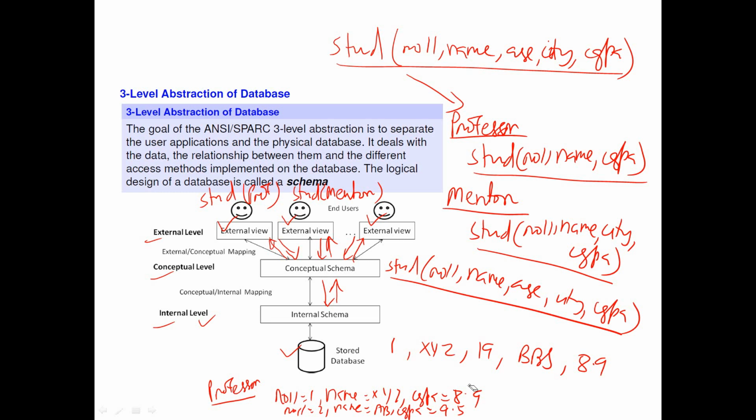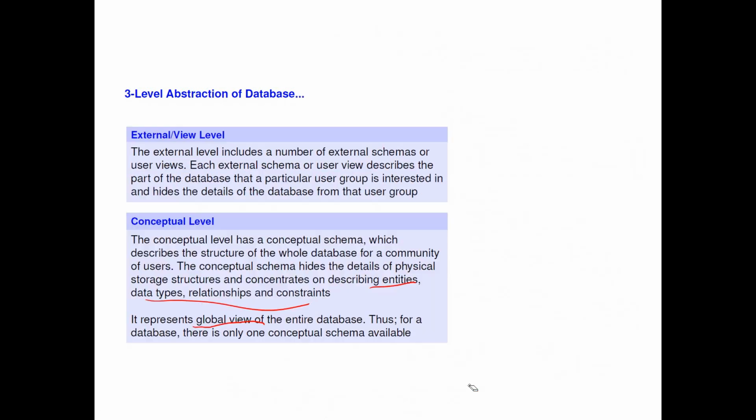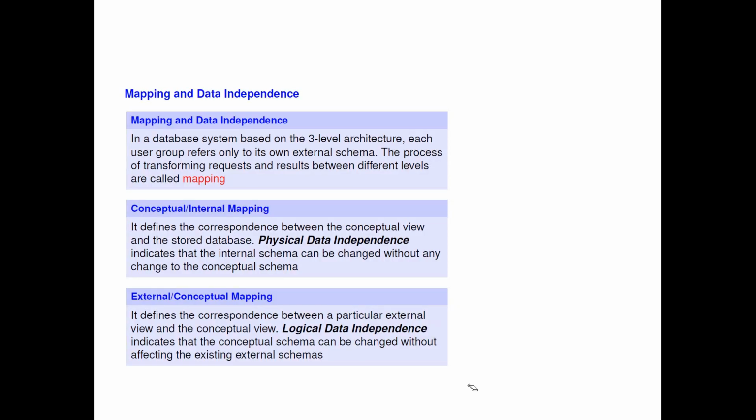There it will be managed by the mappings. Mapping is the process of transforming the request and results between the different levels. Whatever request-response interaction we are getting, that is called the mapping.